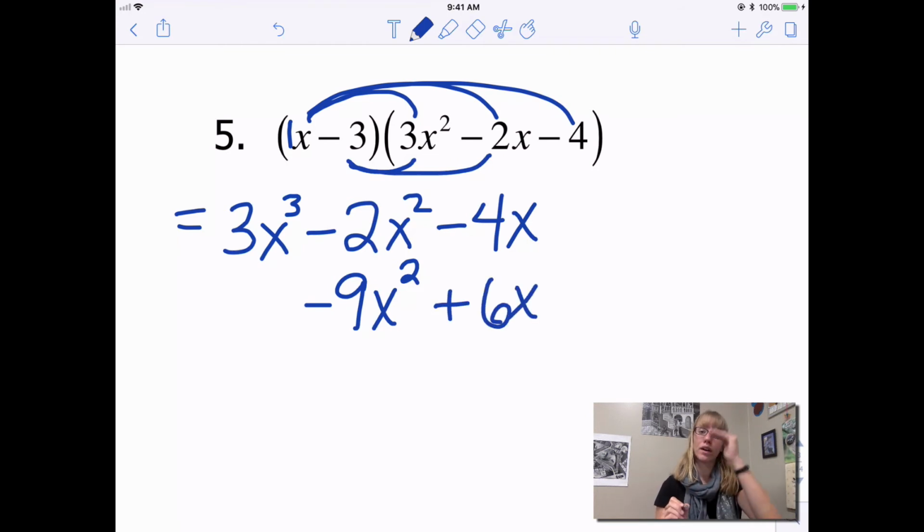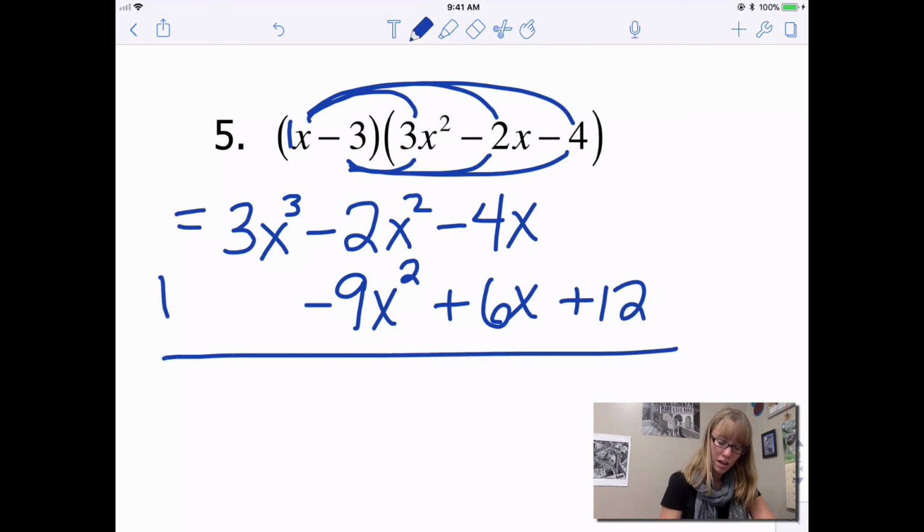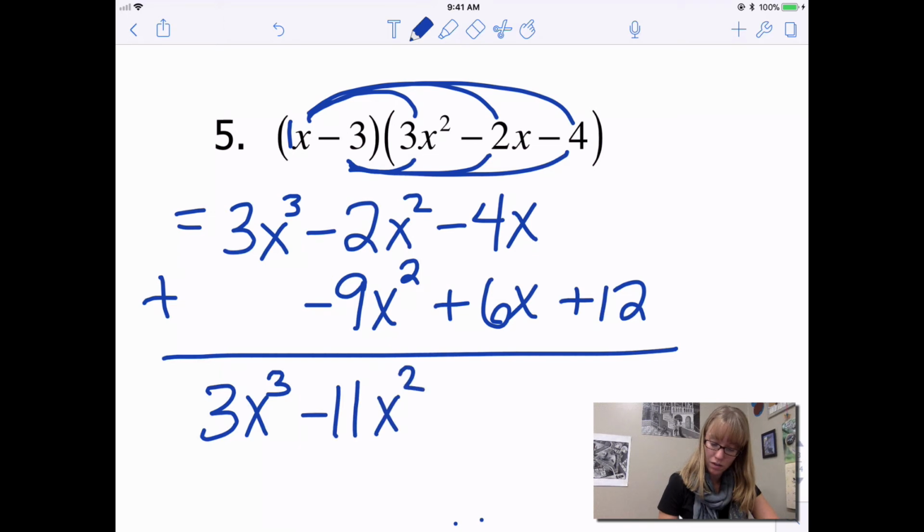Again, I lined it up right under the x. And then negative 3 times negative 4. Negative times a negative is positive. Positive 12. And then I'm going to combine my like terms. I got 3x cubed. Negative 2 plus negative 9 is negative 11, x squared. Negative 4 plus 6 is 2x, and then plus 12.